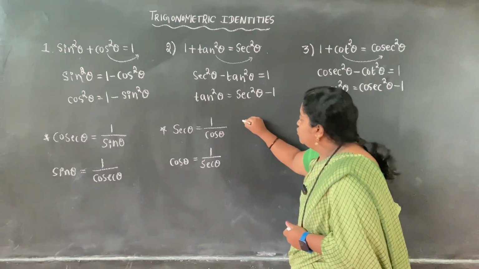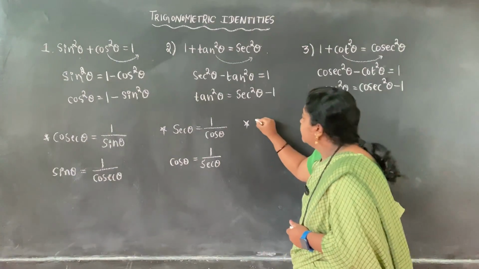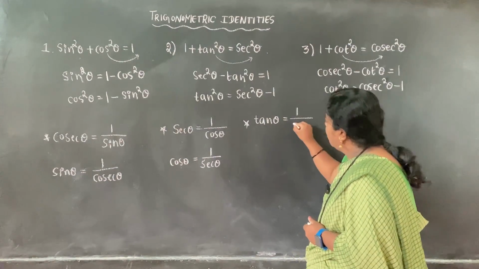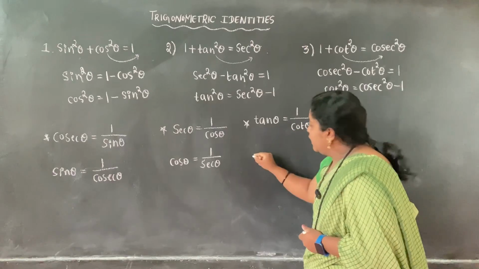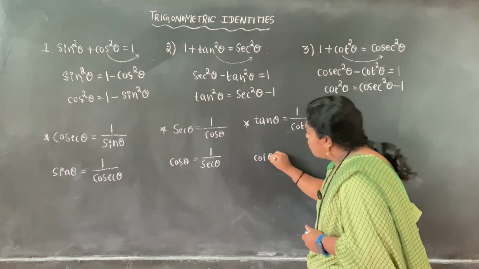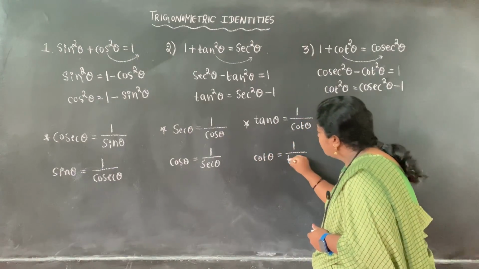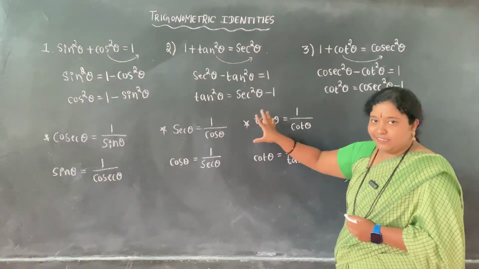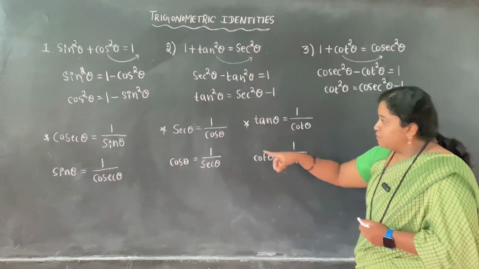And after that, you should know another one, dear. That is nothing but tan theta is the reciprocal of cot theta, where inversely also true. Cot theta is the reciprocal form of tan theta. They are mutually reciprocal to each other. This much you should know.